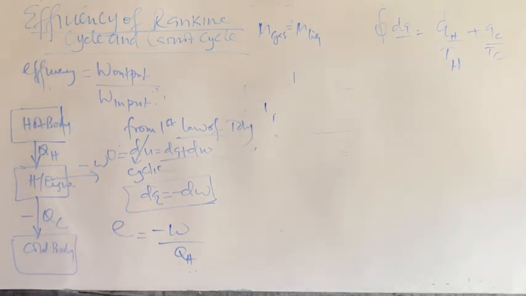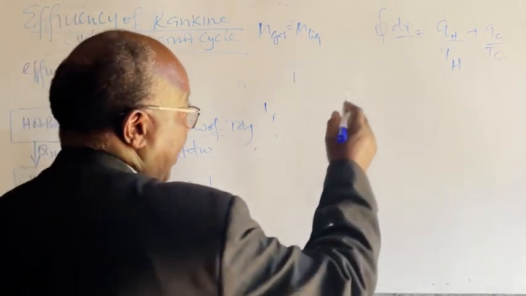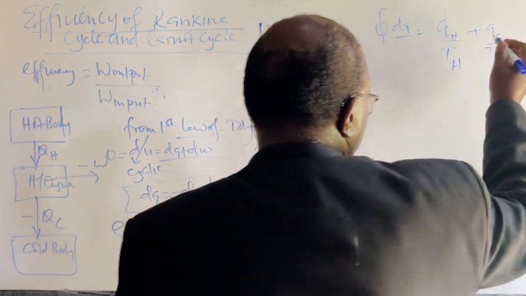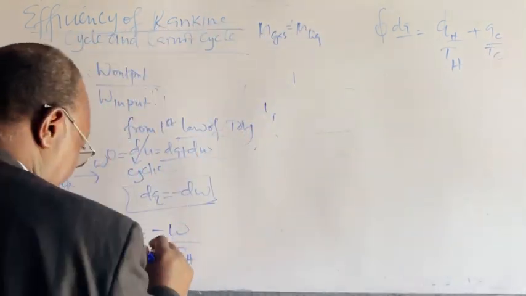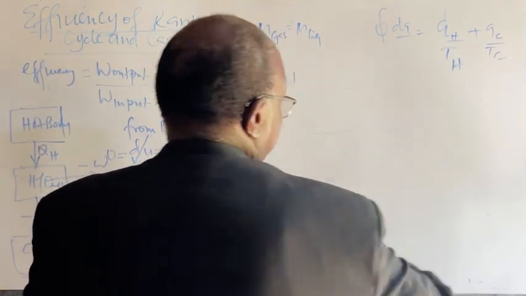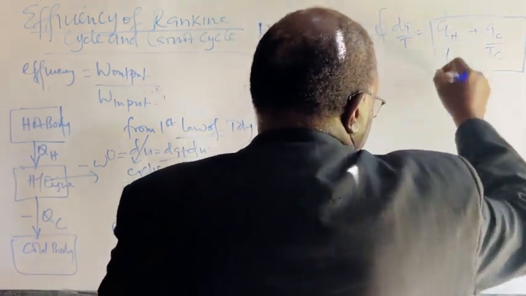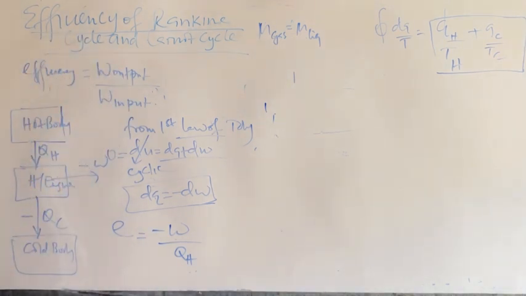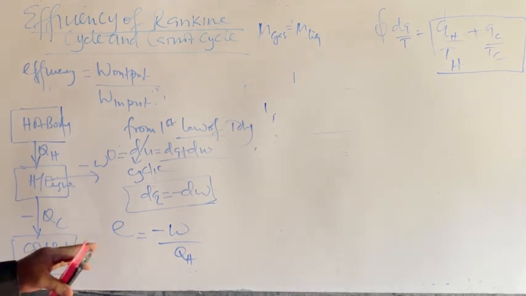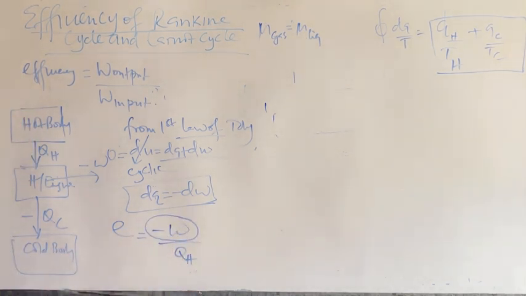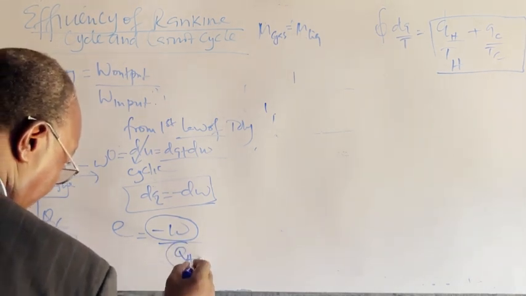Now, we know that for the Carnot cycle, like we have said, QH over TH plus QC over TC is equal to the integral of dq over T, which is 0. Now, we are interested in this expression here for work, and in that expression there for QH.